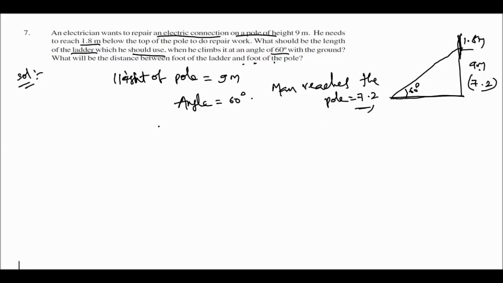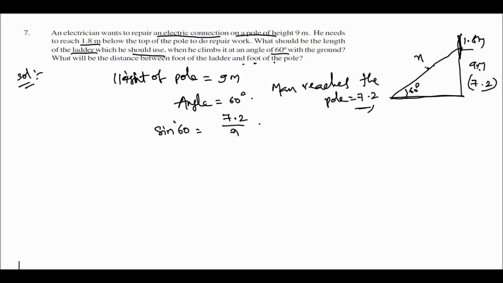So sin 60 is equal to, here sin 60 will come because opposite by hypotenuse. We have to find the ladder, from the pole, ladder and the foot of the pole. So first we do this one. So 7.2 divided by x. X is the hypotenuse here.